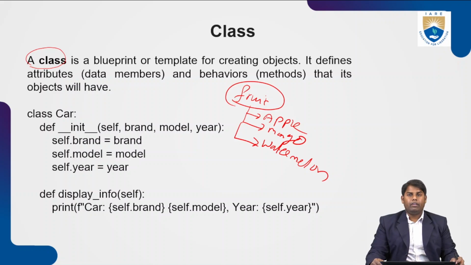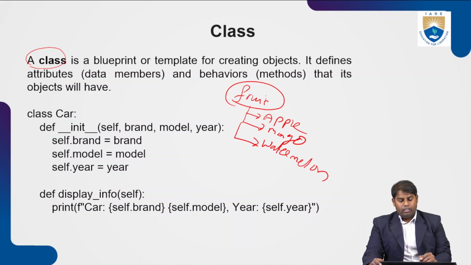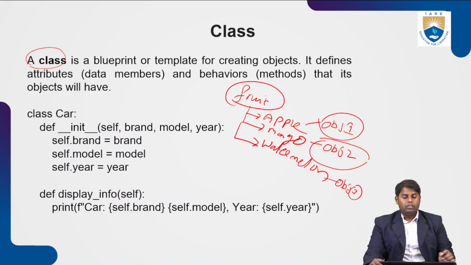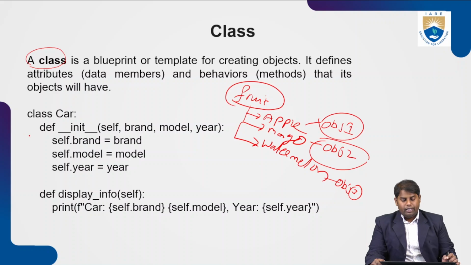Now we will see the basic features of the class with its objects, and an object has its attributes. Let's say this is object 1, this is object 2, and this is object 3. Basically they are distinguished.